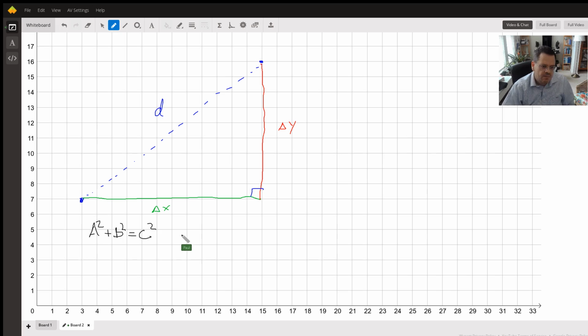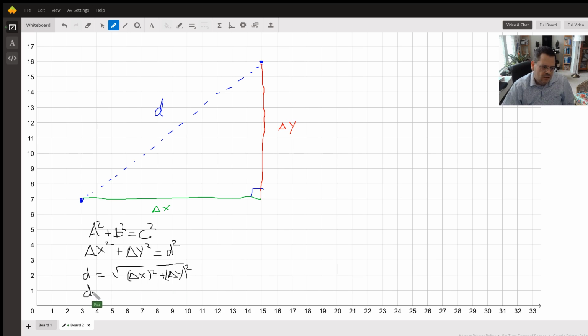So if we put in what we're talking about, a squared is the change in x squared, plus the change in y squared, equals the distance squared. And we want to find the actual distance, not the distance squared, so we can rewrite that as d equals the square root of the change in x squared plus the change in y squared.